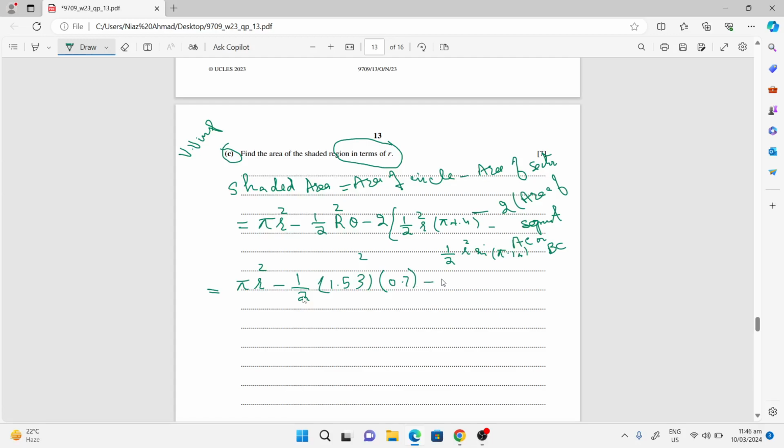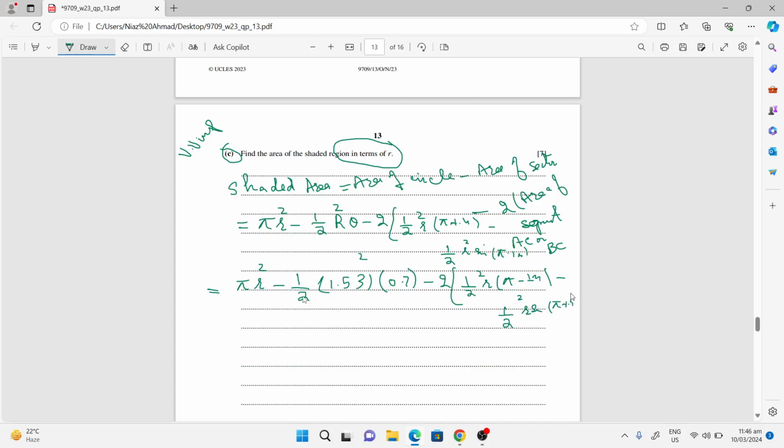Now the next thing, this is 2. Put a bracket there. So you have 1 over 2 r square into pi minus 1.4, sorry, this is pi minus 1.4, and then you have to subtract again 1 over 2 r square sine of pi minus 1.4.